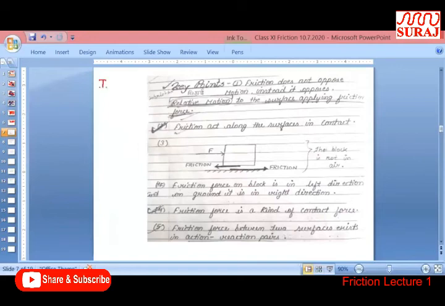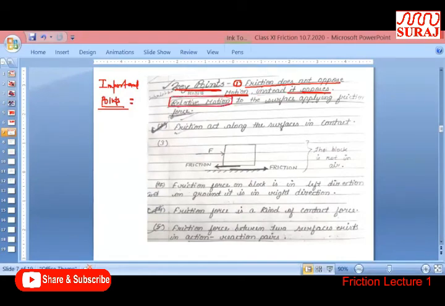Now we will be moving to the few important points regarding this analysis. Important points. See, as I write it, key points. First one, the friction does not oppose the motion.